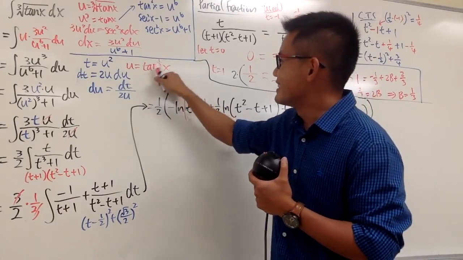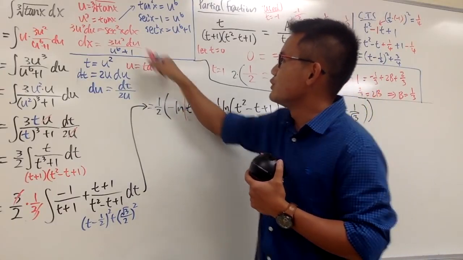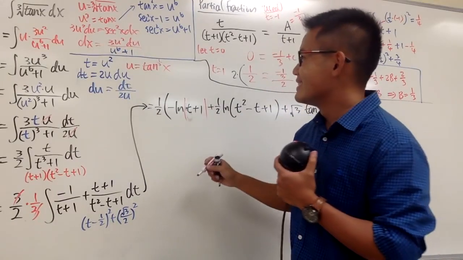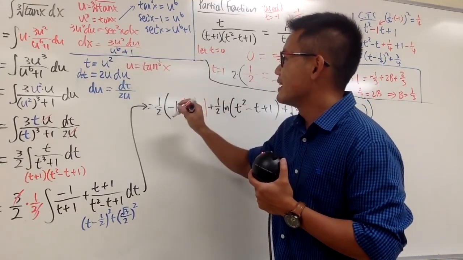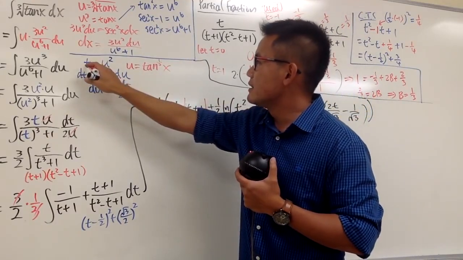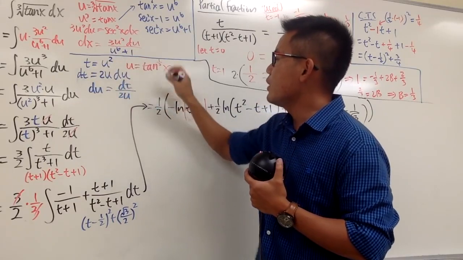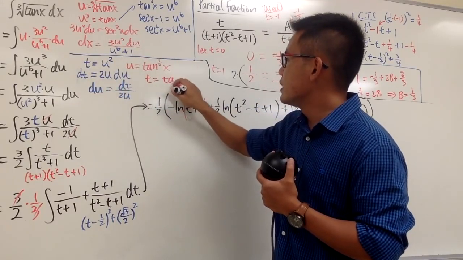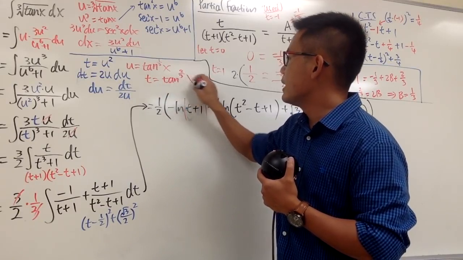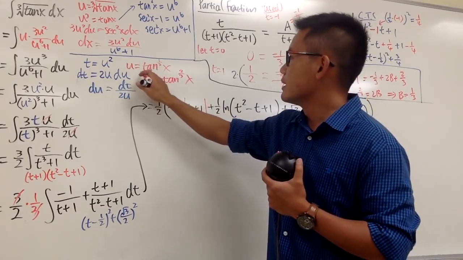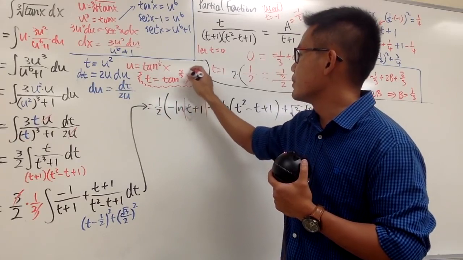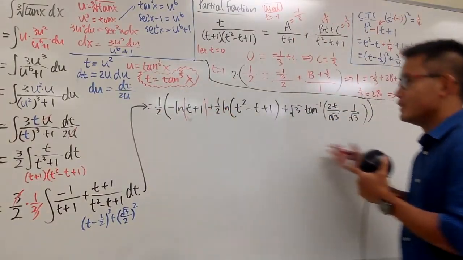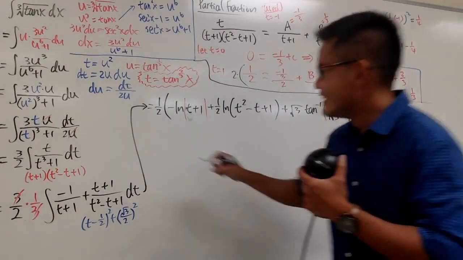So this means tangent to the 1/3 power x, which is the same as the cube root of tangent x. And because t is equal to u squared, if you square, t is equal to tangent to the 2/3 power x, right? So this is the little thing I'm going to use, so that way we can finish that, right?